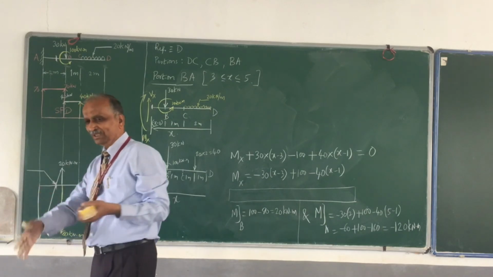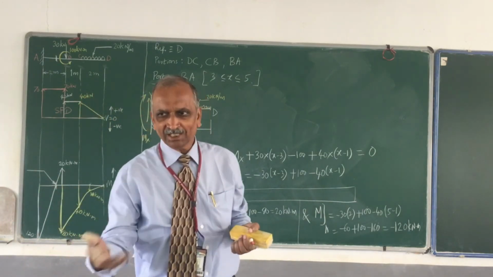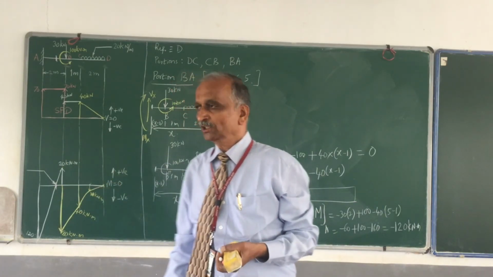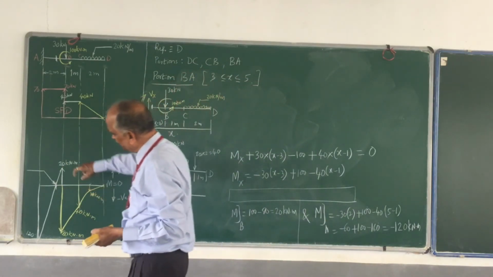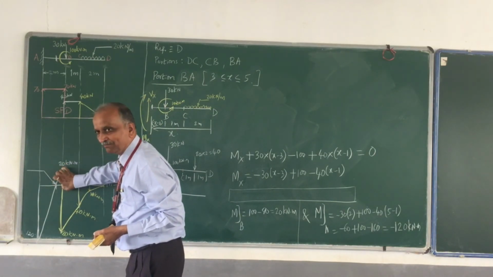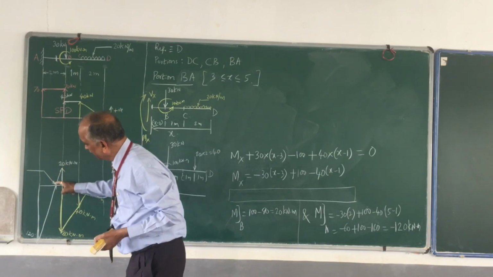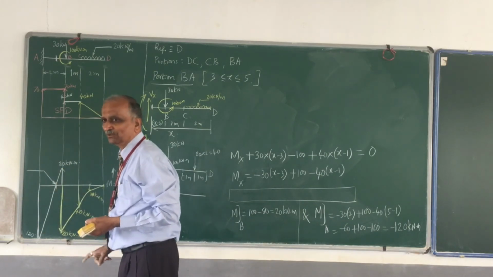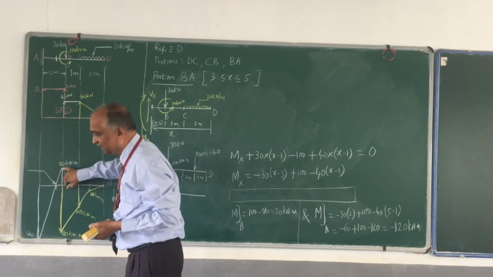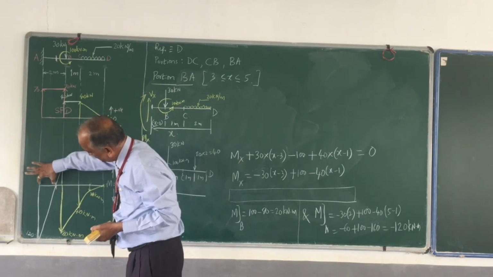Many times, maybe in another example, I shall take such a problem and find out the portion. So you can easily find out. Say this distance divided by 20. This triangle and this triangle are similar to each other. If you take this as y, then y divided by 20 is equal to, what is this portion?